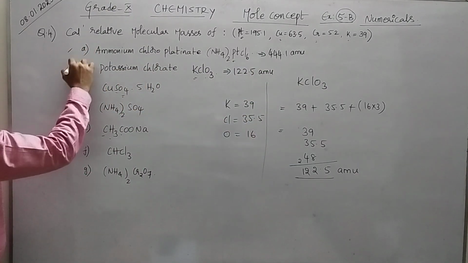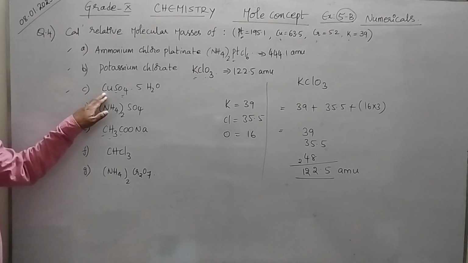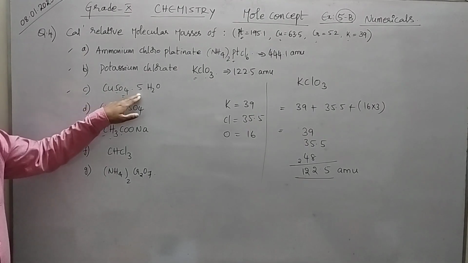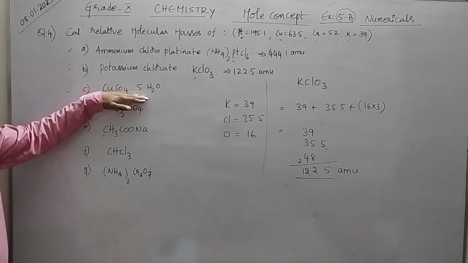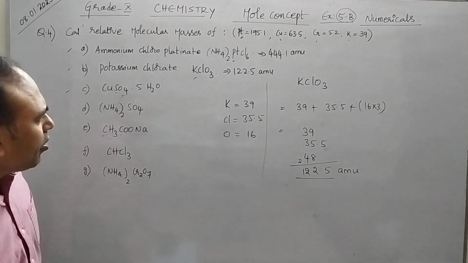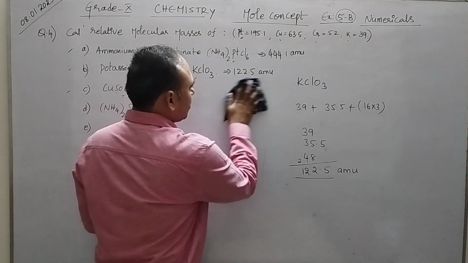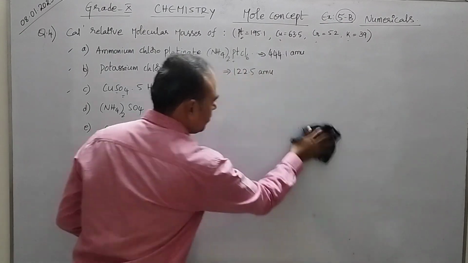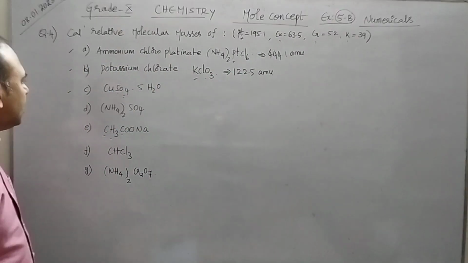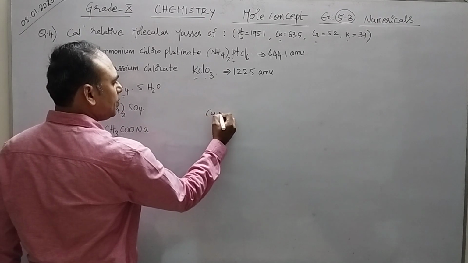So the first two are completed. Next, blue vitriol, formula CuSO4.5H2O. We call it copper sulfate pentahydrate. How do you calculate the molecular mass? Before you start, write down the atomic masses.